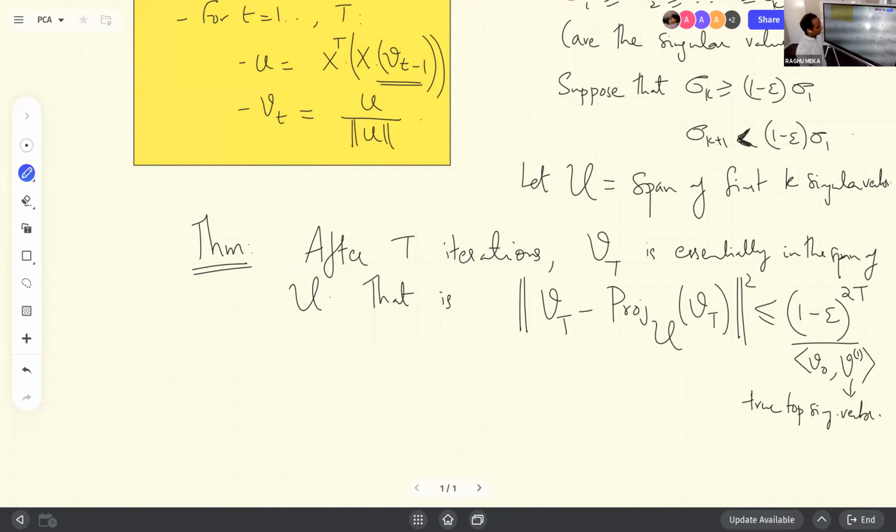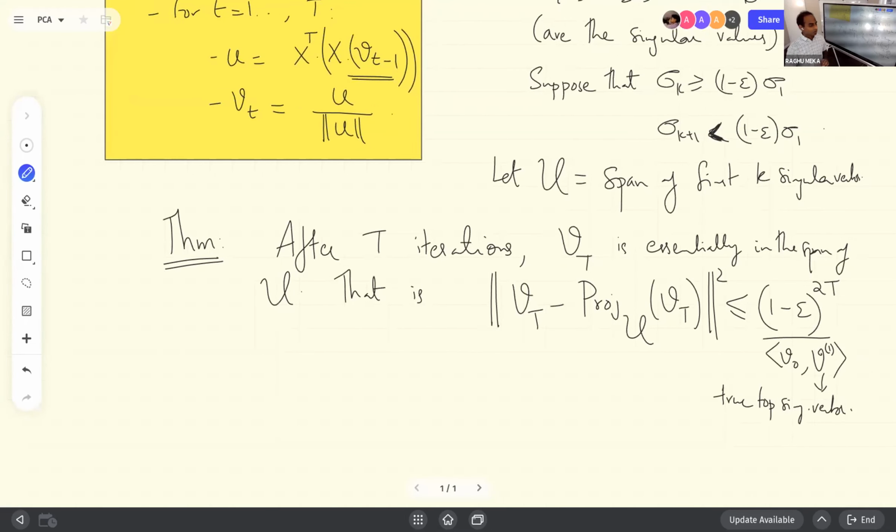Okay, so let me explain this statement. It's saying you're going to converge to some vector within the span of the top k singular vectors.